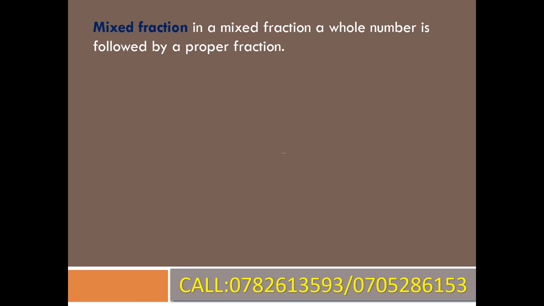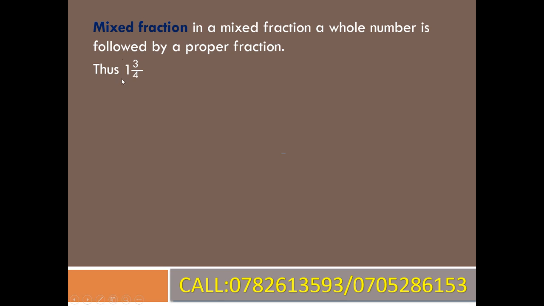Another category of fraction that we shall look at are the ones we call mixed fractions. A mixed fraction has a whole number, and this whole number is strictly followed by a proper fraction. For instance, 1 and 3 out of 4 is an example of a mixed fraction. Why?